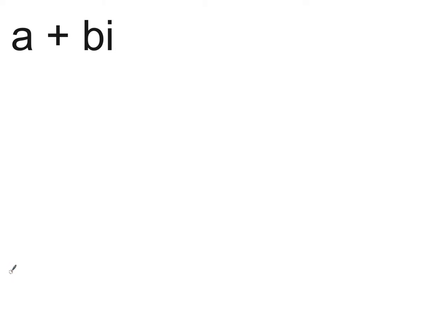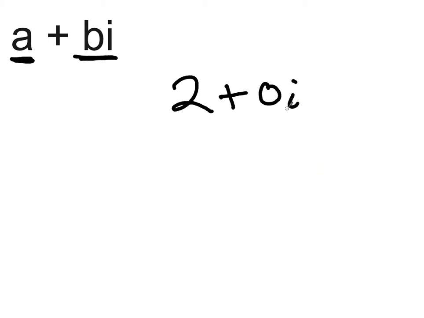In fact, you can write all numbers as imaginary numbers. All numbers can be written with this real part and this imaginary part. So the number 2 could be written as 2 plus 0i. You don't write the 0i because 0 times i is 0, so there's no point in writing that. But the number 2 is a complex number.